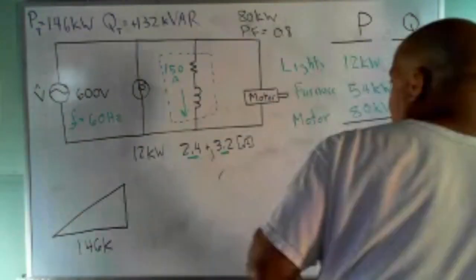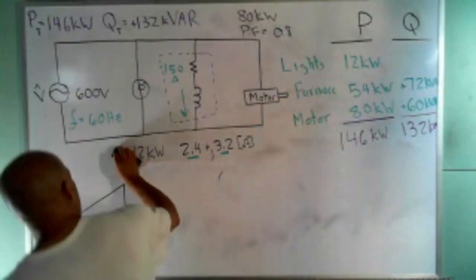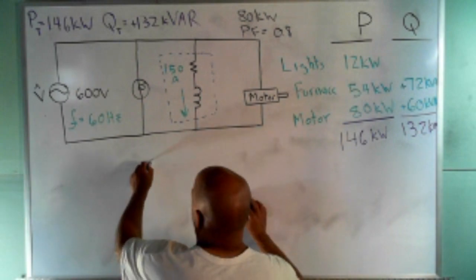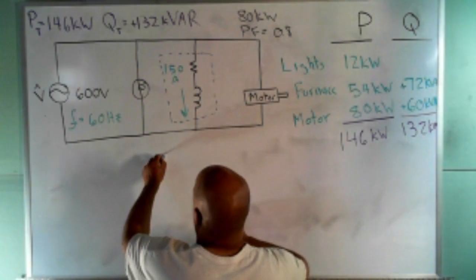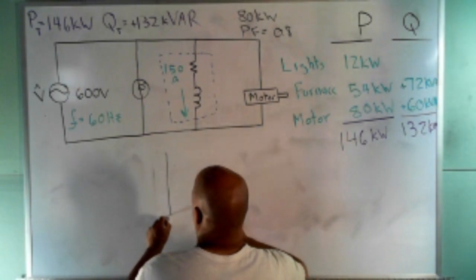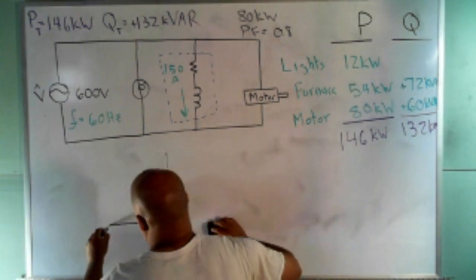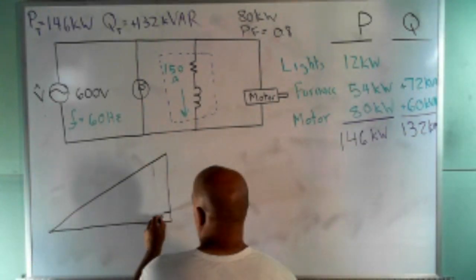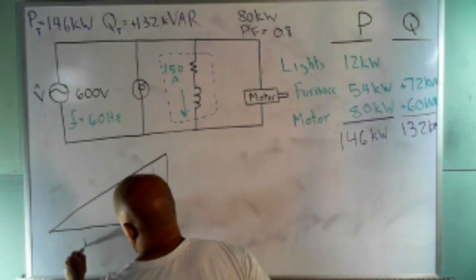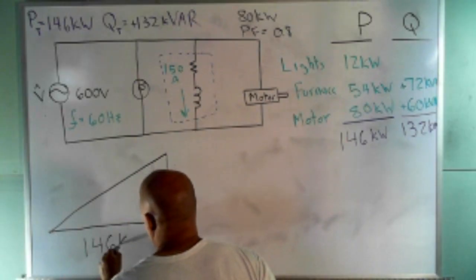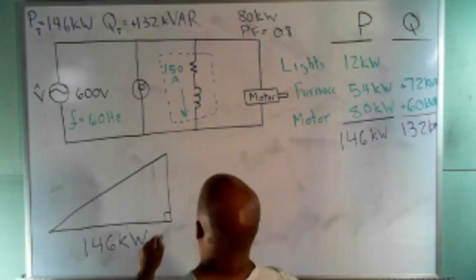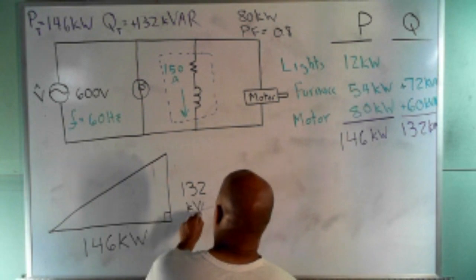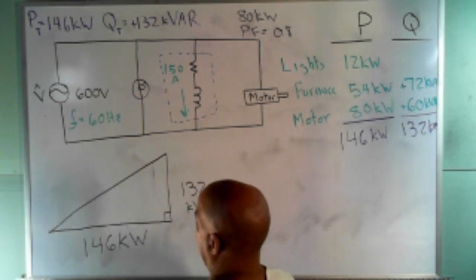I want my triangle to be bigger. All right, my total power is 146 kilowatts. My total reactive power is 132 kilovar. Okay, so I know that.